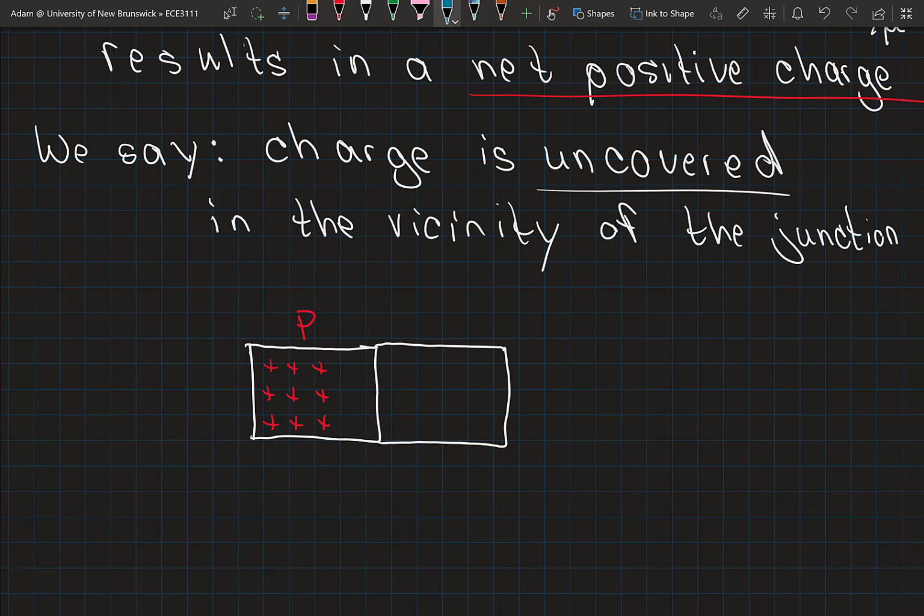We have our n-type material that has majority carriers that are electrons, but in this region around the junction I'm going to have these electrons that have crossed over to create some net negative charge in the p-type material, and due to these holes that have crossed into the n-type material, I'm going to end up with a net positive charge on the n side of the junction.